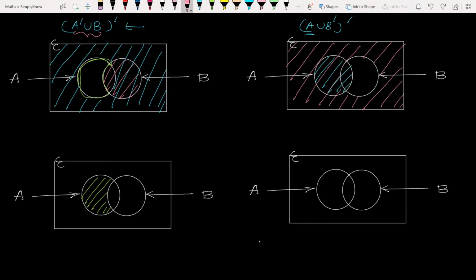Now remember, the complement of this region means the unshaded region. So our unshaded region is this area. So for our answer, we need to shade that unshaded region, like this.